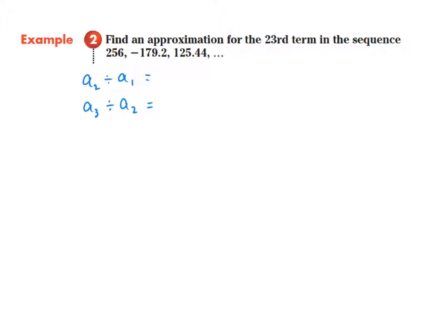It's negative 179.2 divided by 256, which is negative 0.7, and then you want to just check yourself before you wreck yourself. Okay, so our common ratio is negative 0.7.